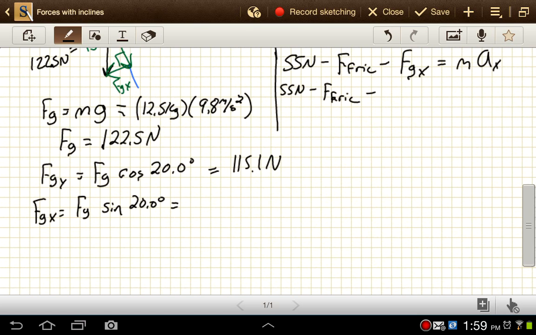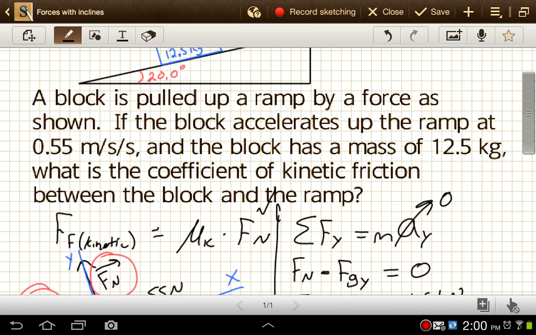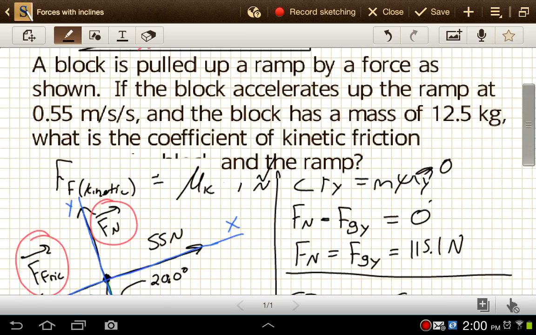So that's 122.5 newtons times the sine of 20 degrees, which gives us 41.897 newtons. So we can plug that in here, 41.897 newtons, and that's equal to our mass, 12.5 kilograms, times the acceleration, which was given as 0.55 meters per second squared.